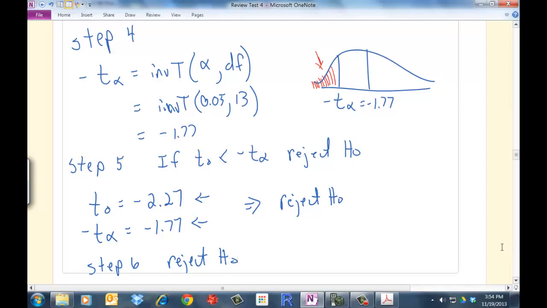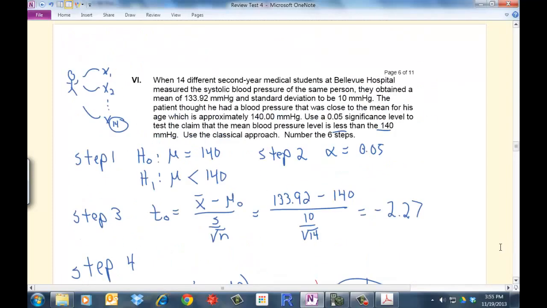So let's go back up. We reject H0. If we reject H0, we say that the results are statistically significant, and we have sufficient evidence to conclude that the mean blood pressure for this patient is less than the normal value of 140.